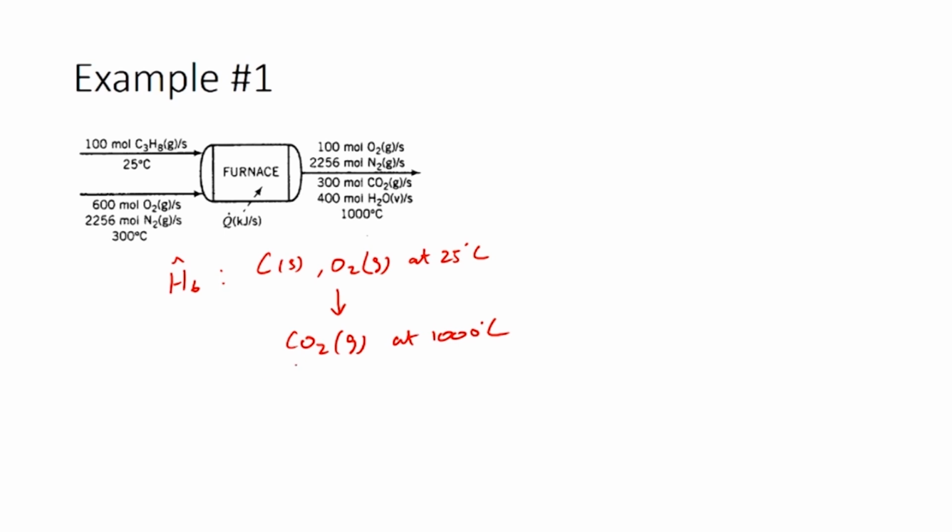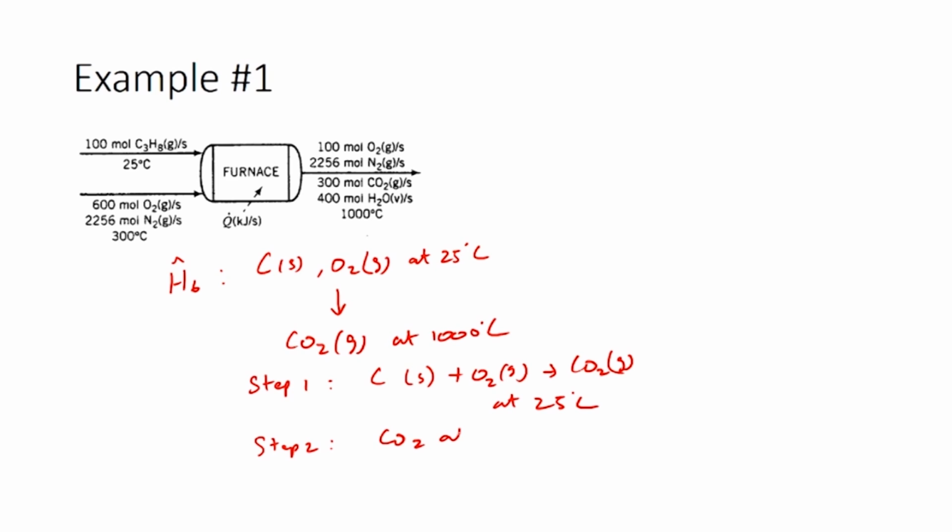So, this process actually has two steps where you have step 1 as carbon solid plus oxygen gas forms carbon dioxide gas where all are at 25 degrees Celsius. So, this is the first step. Step 2 is where CO2 at 25 degrees Celsius is actually heated to CO2 at 1000 degrees Celsius. The first step would be the heat of formation obtained for the change in enthalpy.